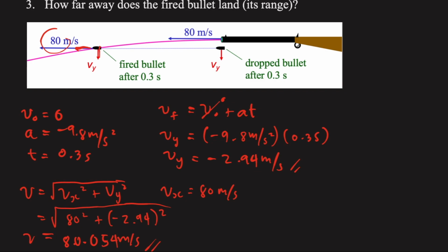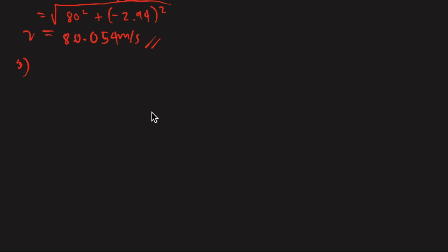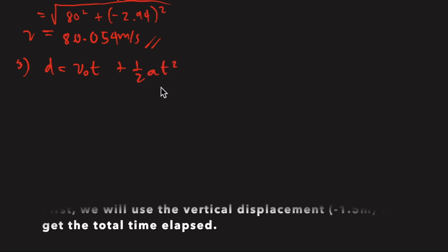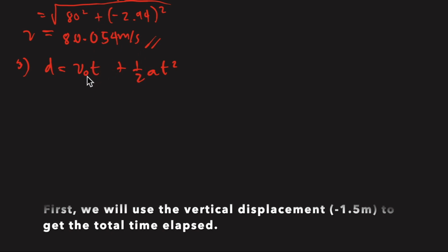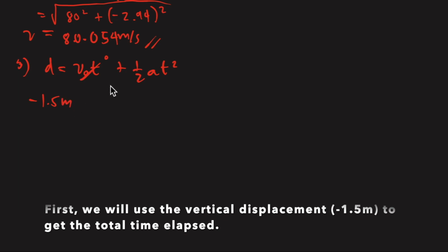The next question is, how far does the fired bullet land, or we are looking for its range. To get that, we first need to get the time, since we don't have any time. We can use the equation d is equal to v naught t plus 1/2 a t square. Here v naught is 0, and d is negative 1.5 meters.